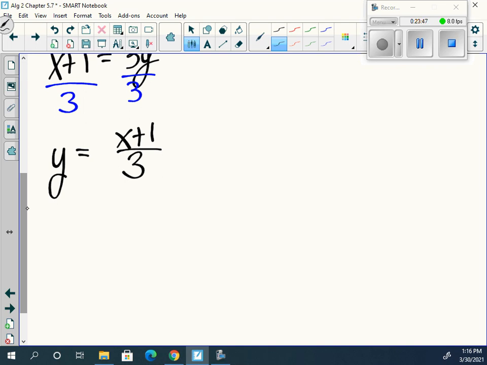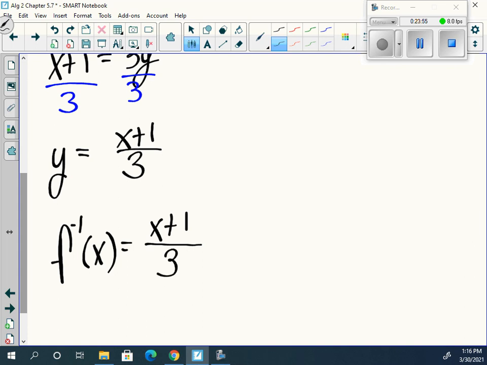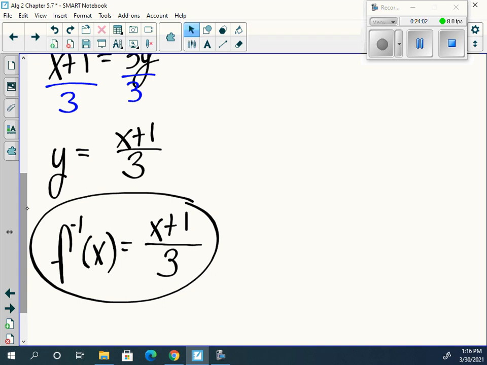Now the last step for inverses is we have to replace y with f inverse of x. So when you see this here, f -1 in the exponent, kind of an exponential form, x, it's saying f inverse of x. This is the inverse function of f of x.